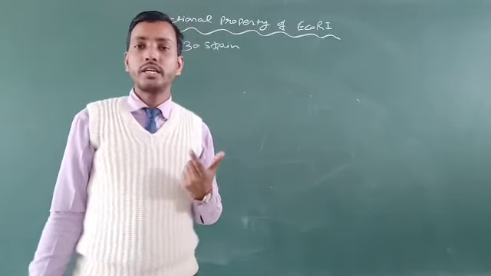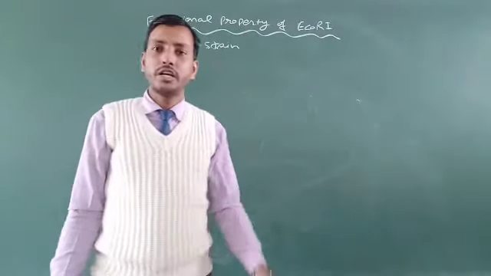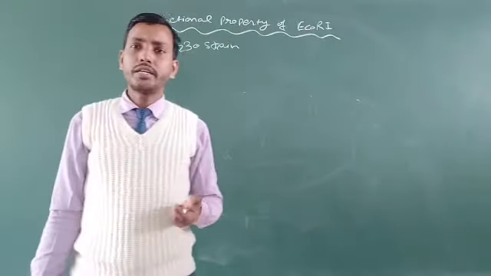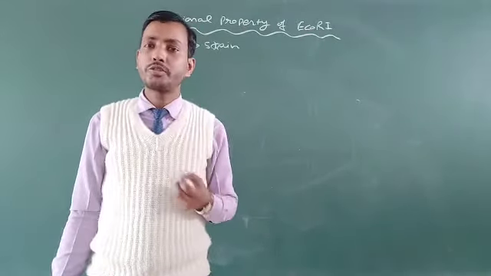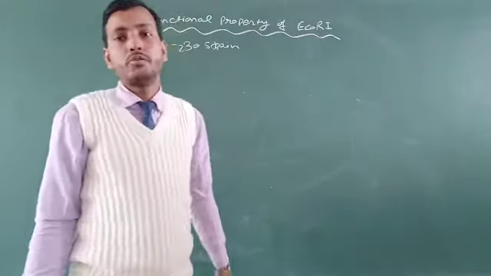If you have any doubt regarding the strain, you can refer to the previous video lecture for the important strains and the concept of strain. Now in this video lecture, let us talk about the functional property of EcoRI.